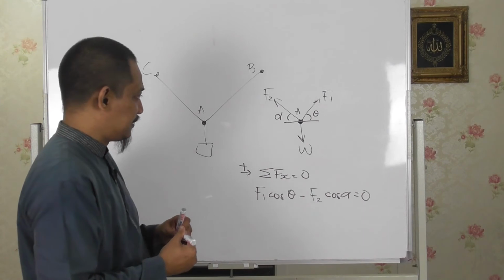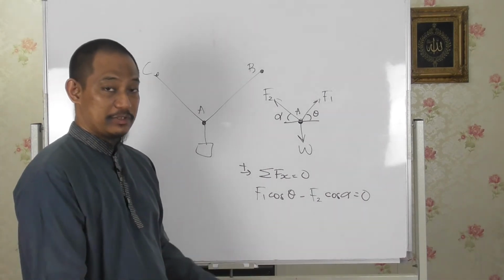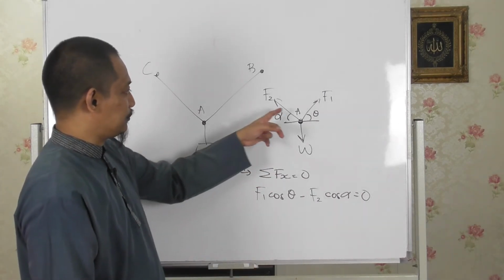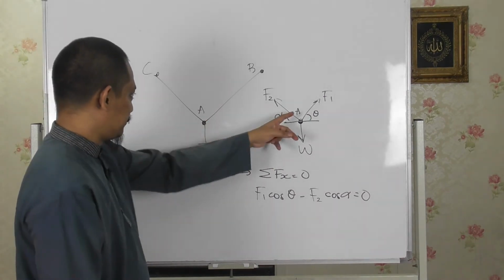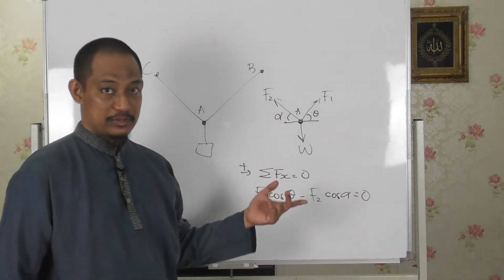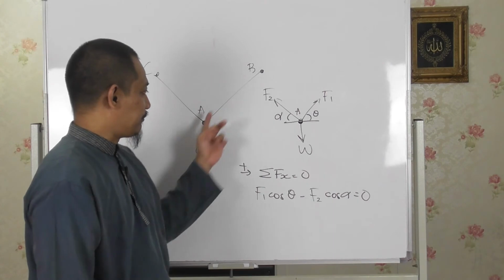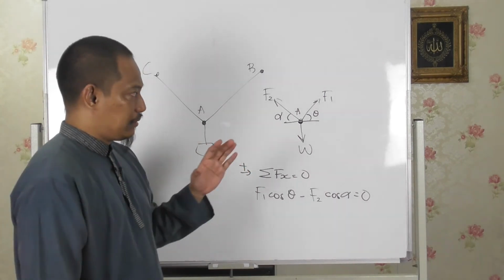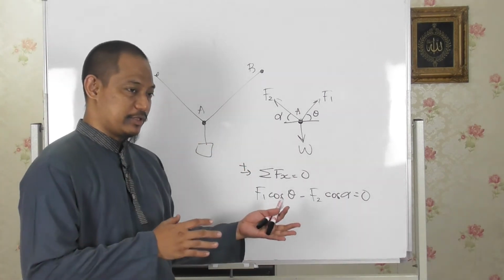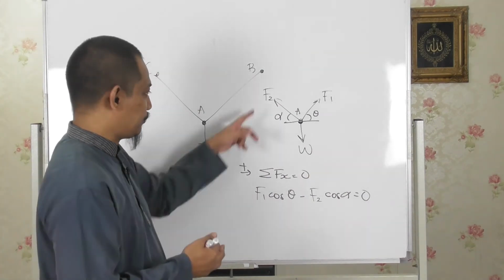Of course, in this case, it is more difficult to follow if suddenly you label 1 and 2, and I have to trace back which one is 1, which one is 2. So it's logical to have FAB, FAC, right? So make sure you understand what you are drawing when you draw the free body diagram, and what you are labeling here.